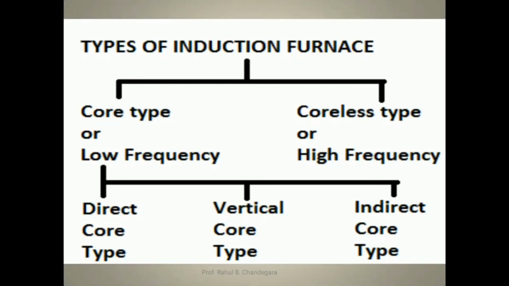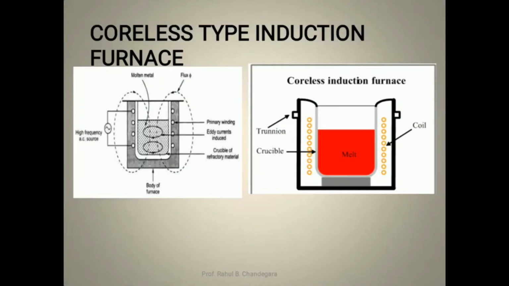We studied the core type low frequency induction furnace: direct core type, then Ajax Wyatt vertical core type, and indirect core type. Now the second portion is the coreless type or high frequency induction furnace. This is the figure of the coreless type induction furnace.